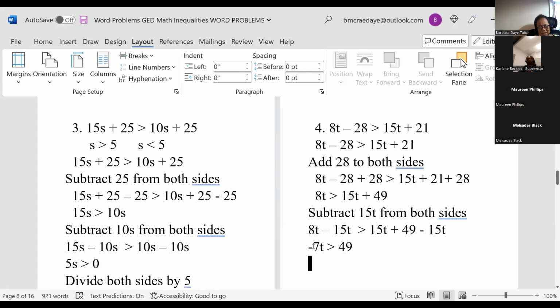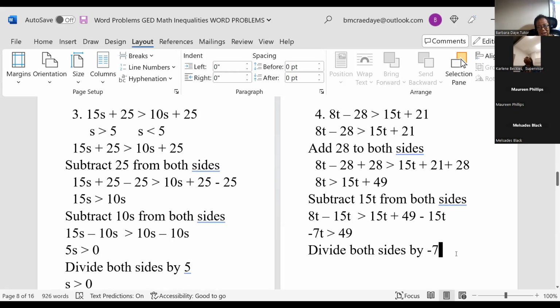So that means I should divide right there. Yes, right there. That's a coefficient. You divide both sides by that coefficient, minus 7. And that would just give you t left, right? So divide both sides by minus 7, right?